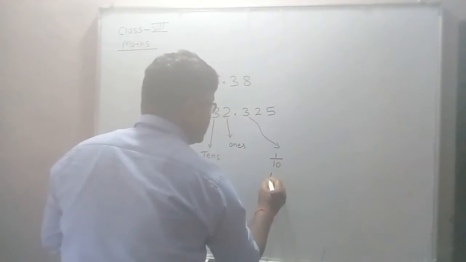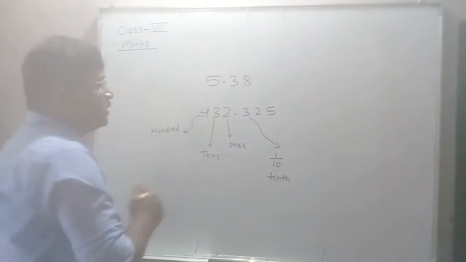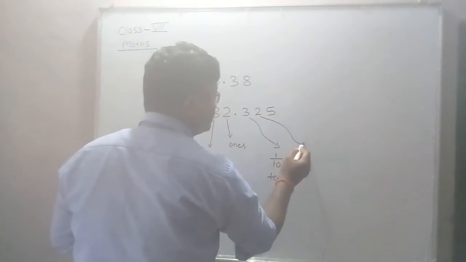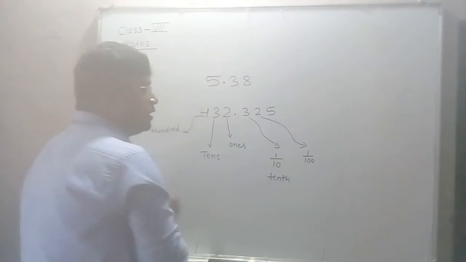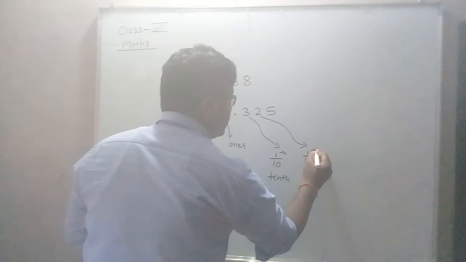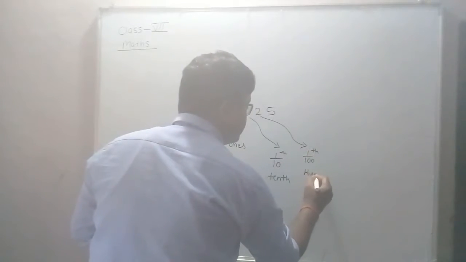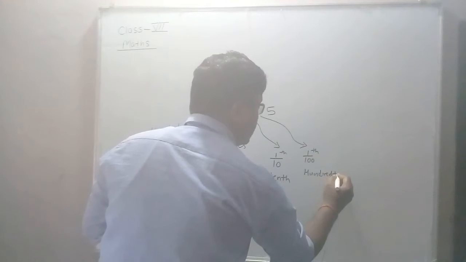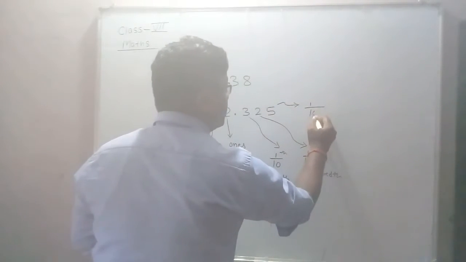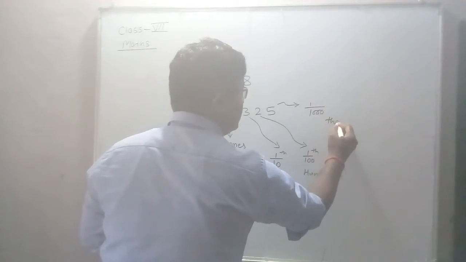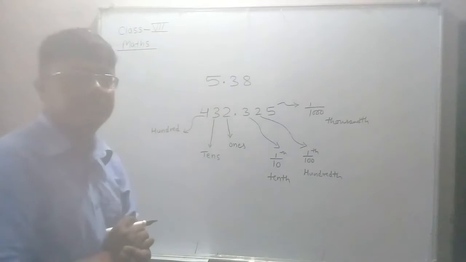We call it the tenths place. Similarly, this is your one upon 100, the hundredths place. Similarly, your 5 is one upon 1000, that is your thousandths place.